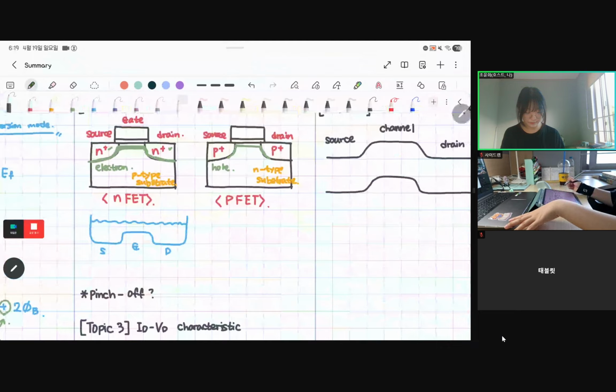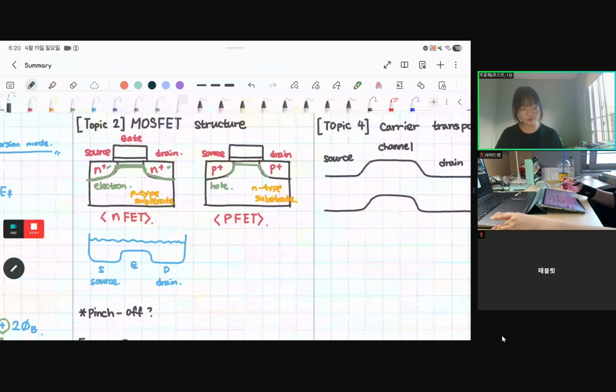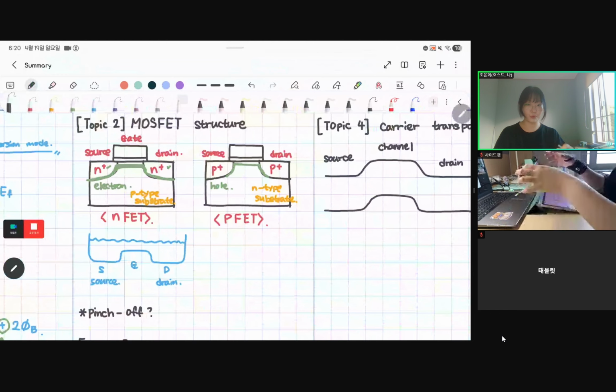So we can draw this small structure like this, and this part is source and this part is drain. Using this device, we give some bias to the gate and between drain and source.